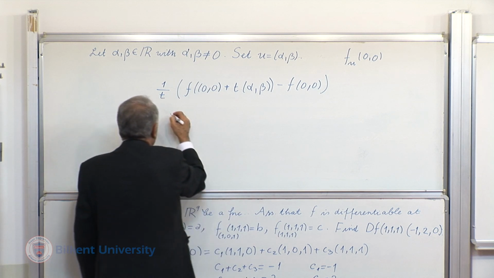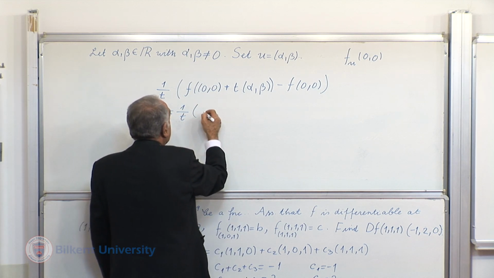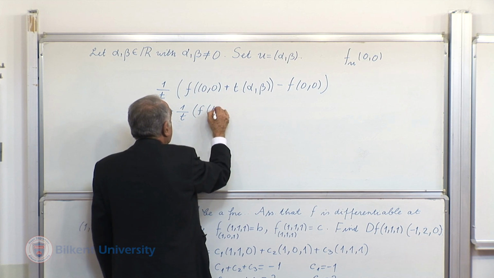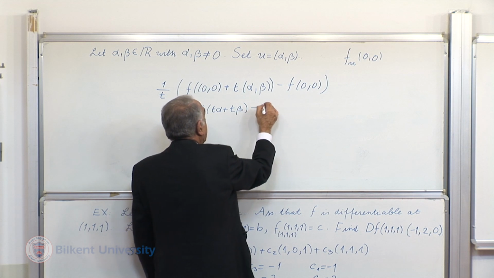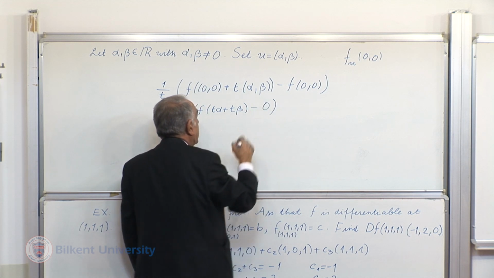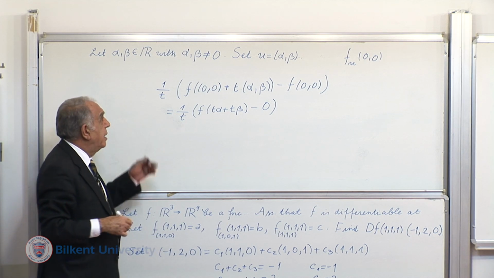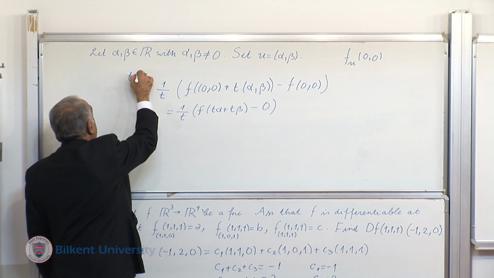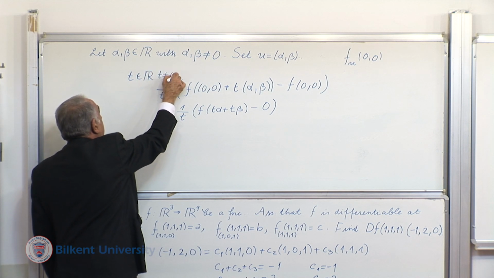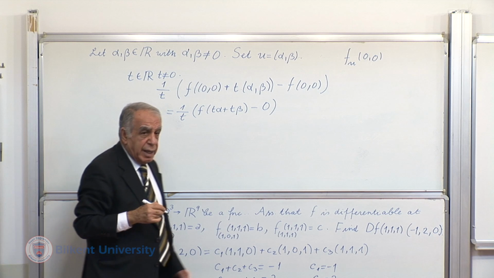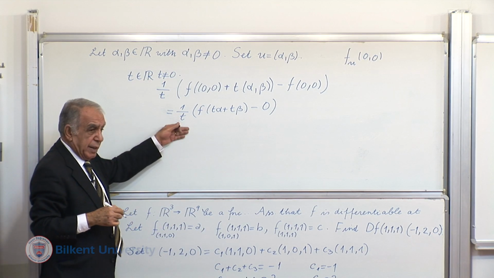But this will be equal to 1 over t times f of t alpha, t beta, and that will be minus 0. Of course, when we take the limit as t tends to 0, we never consider t equal to 0, so we have this for all t different than 0.